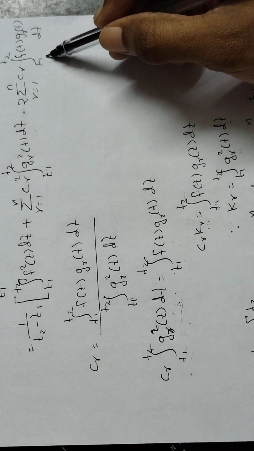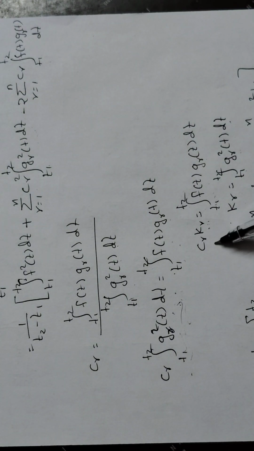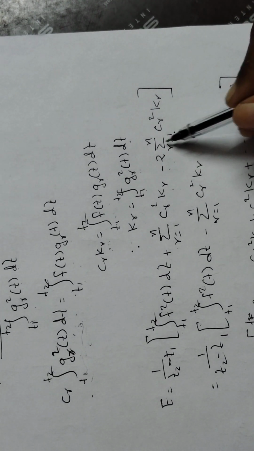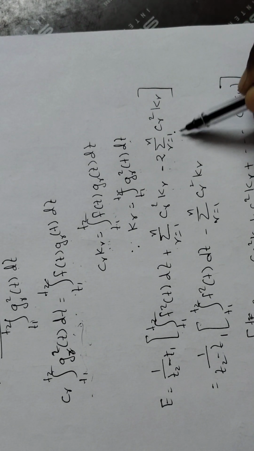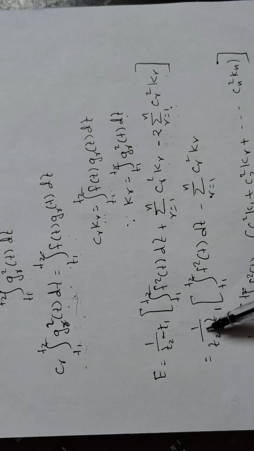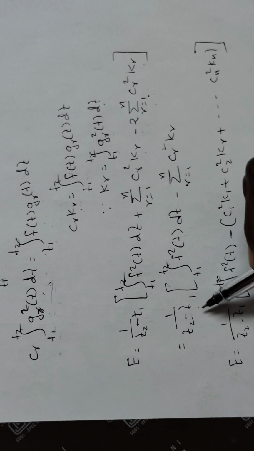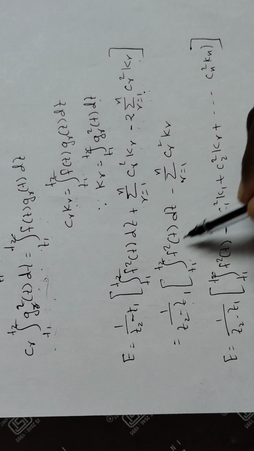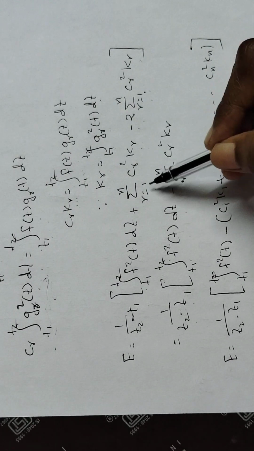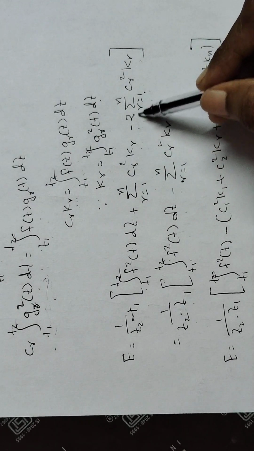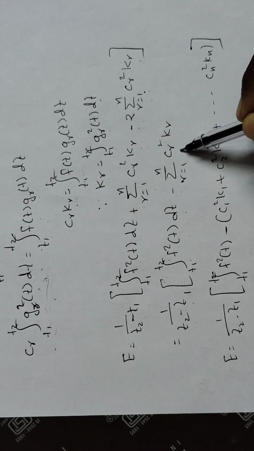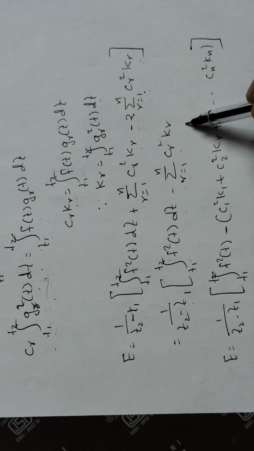So in the previous equation we substitute cr kr, which gives 2 into summation r is equal to 1 to n cr square kr. So E is 1 by t2 minus t1 integral t1 to t2 f square of t dt minus, since this value is a minus 2a, that is minus a, we get this equation.